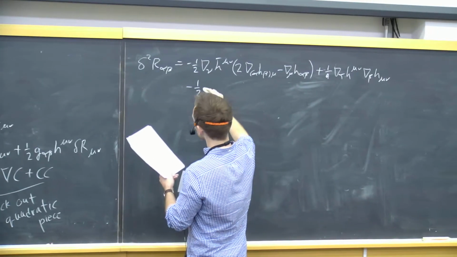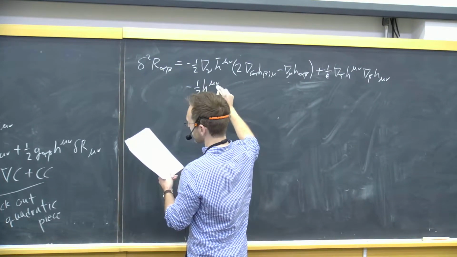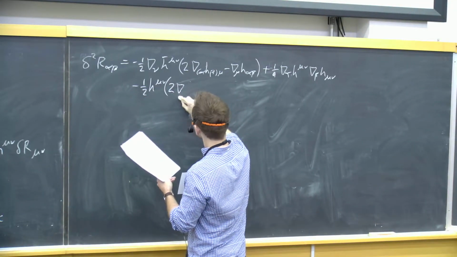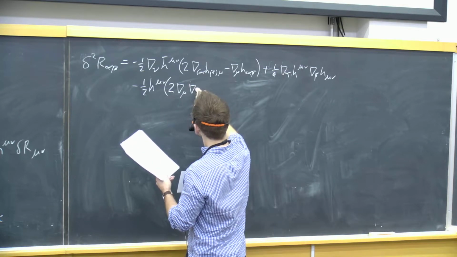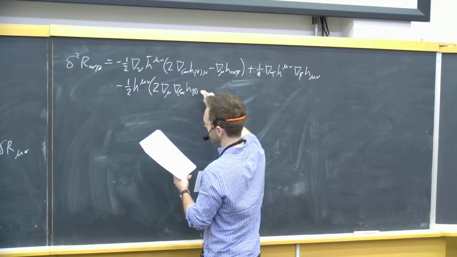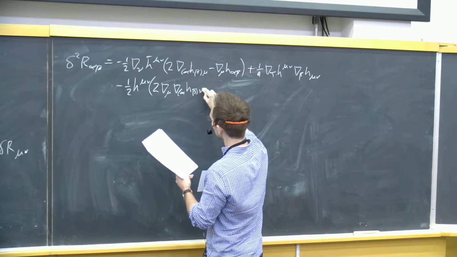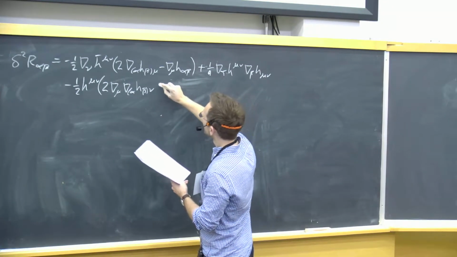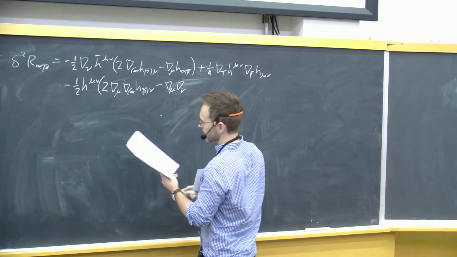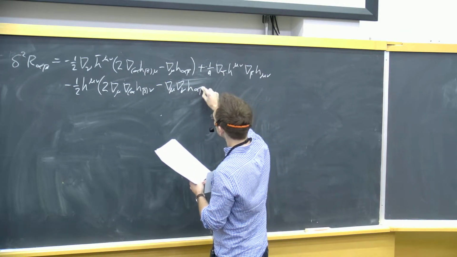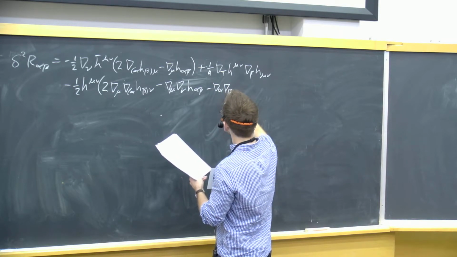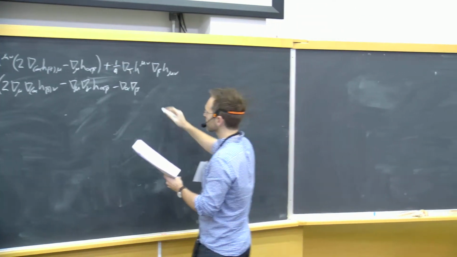Minus 1/2 h mu nu times a second derivative symmetrized of h, minus second derivative of h alpha beta, minus the second derivative with the mu nu and alpha beta switched.